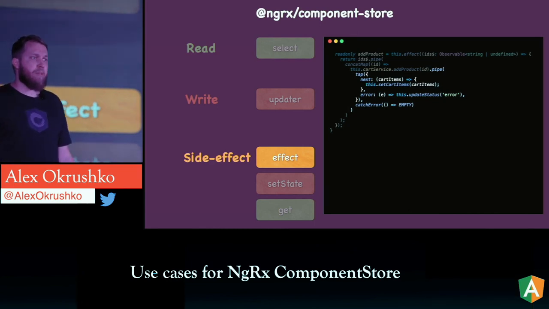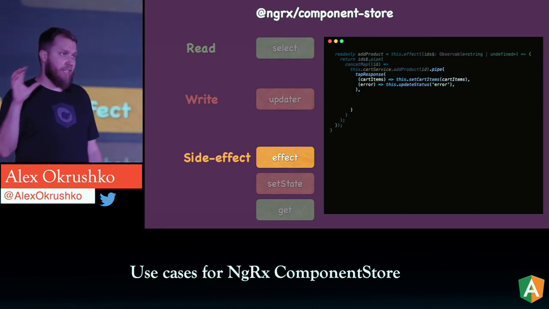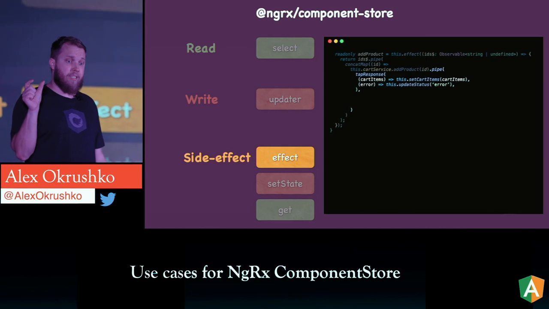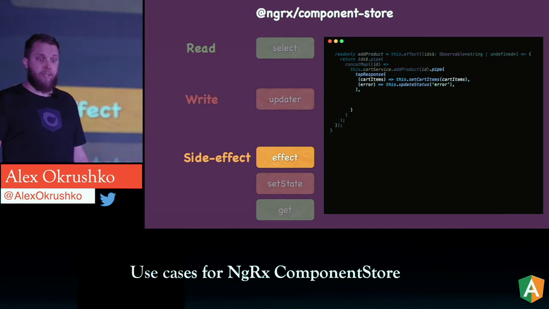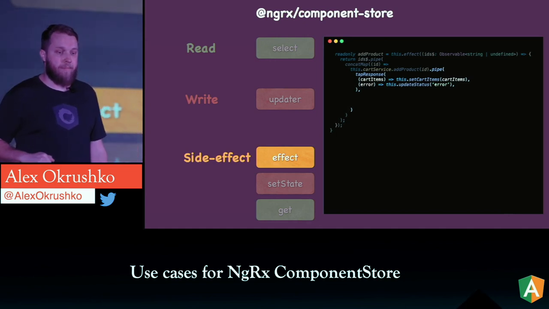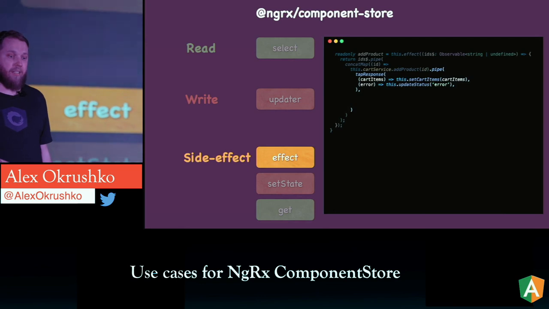This was a very popular pattern. So we actually created a custom operator called tapResponse that does exactly that, but in a safe way. First one is if it's a successful result, we'll set the cart items, and if there's an error, we'll call the second callback. All right, so this is the read, write, and effect.